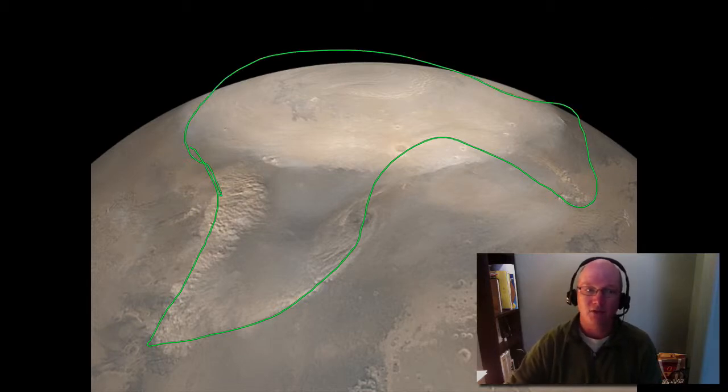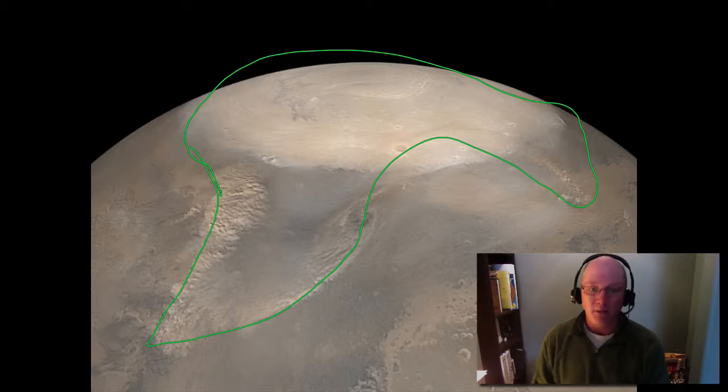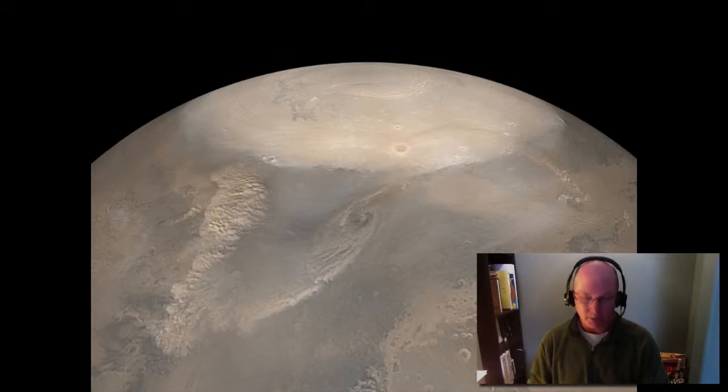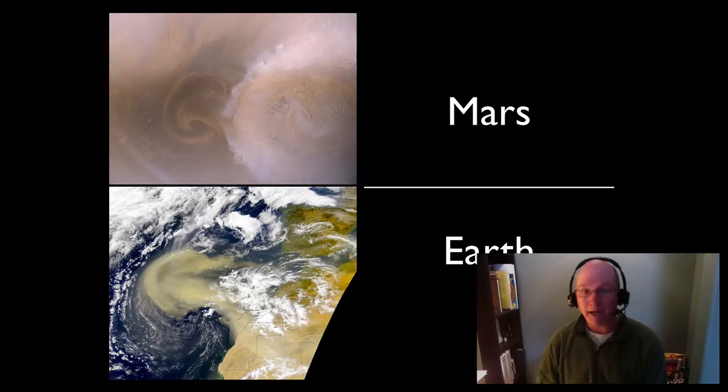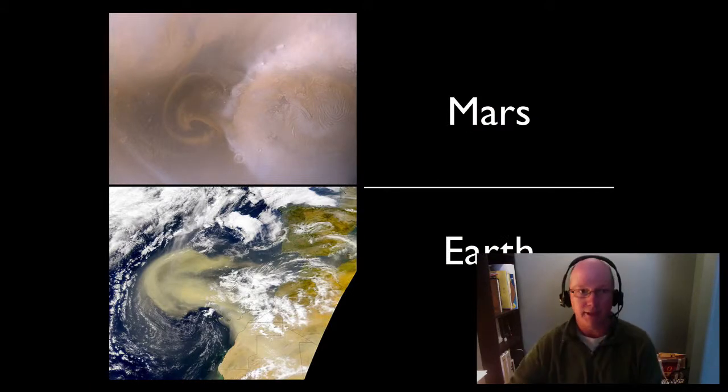So this is a dust storm that is spanning maybe a third of the planetary surface. So one of the key things about Mars that's different from the Earth is these enormous dust storms. Since there's no liquid water on the surface to absorb the dust, these things can get going and basically become planet-wide dust storms.